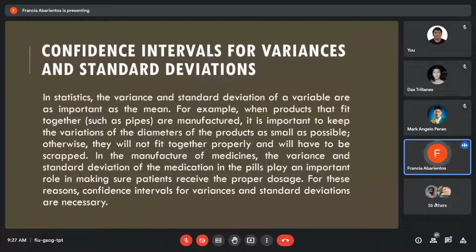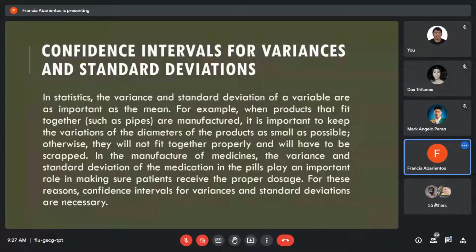How about the confidence interval for variances and standard deviation? Okay? So madaming possibility or mga general application kung saan natin magamit yung variances and standard deviation. We have to, for example, manufacture medicines. The variance and severity of the medication, the pills, play an important role in making sure patients receive the proper dosage.